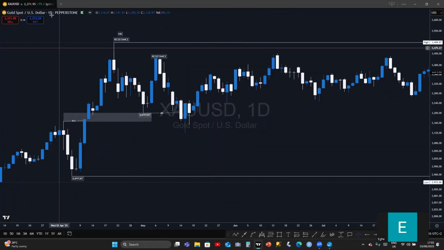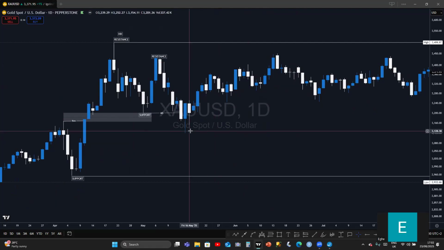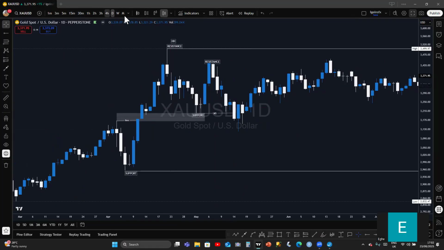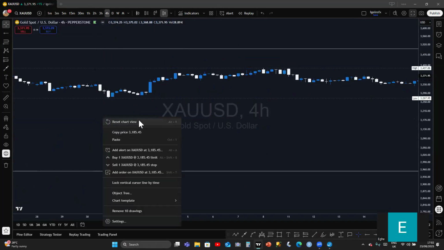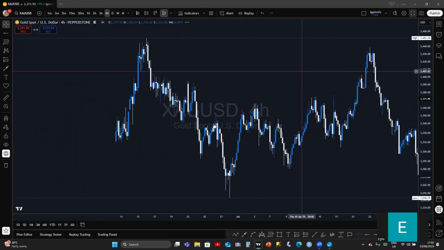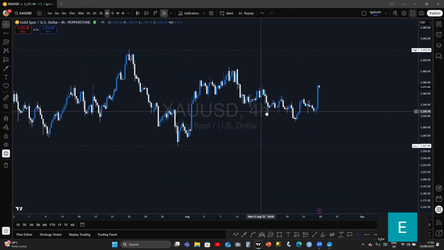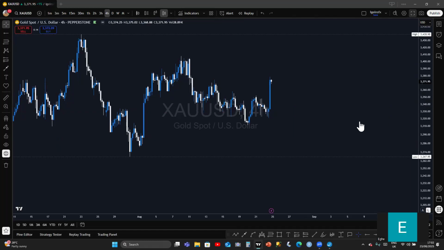You have to go to the higher time frame, look at the structure. After that, we're on daily. Now we have seen what the structure is doing. Then we'll now scale to 4 hours for us to now see more information as to what price is doing. All right.